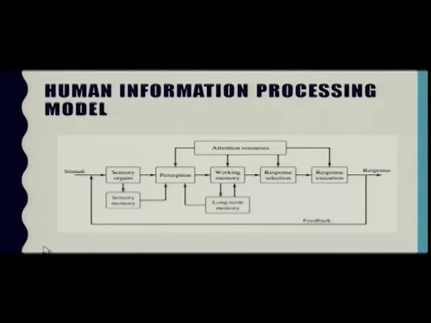Now the next topic is feedback. So again I am putting this figure for you to understand the last part of this particular model, because we have understood the stimuli, sensory organ, perception, attention resources, working memory, response selection and execution, long-term memory, and now the thing that is left is only feedback.